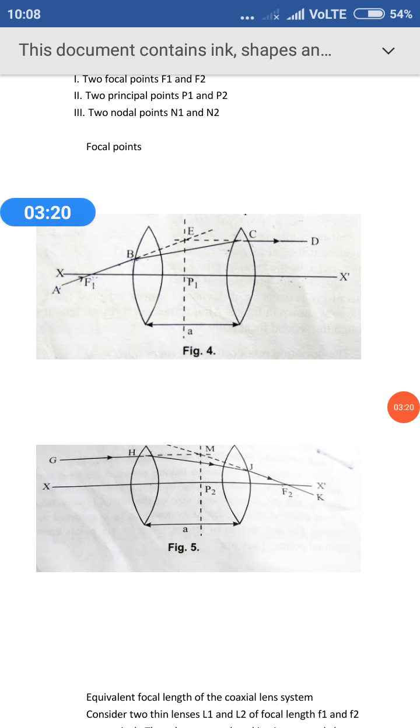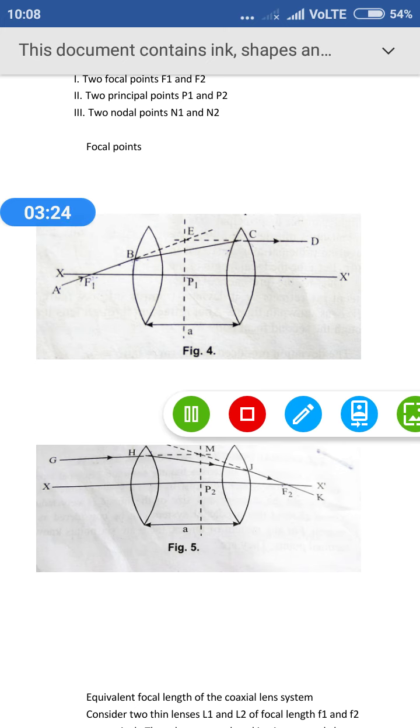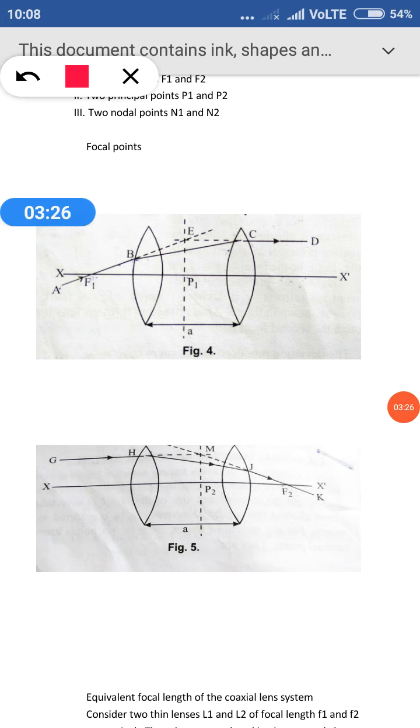In focal points, in figure number 4, light is incident from the first focus. After that, it falls on lens 1.